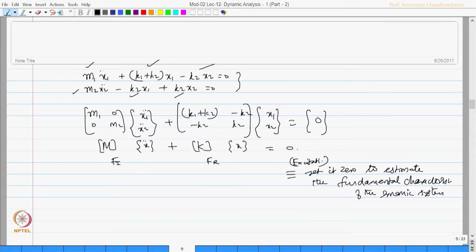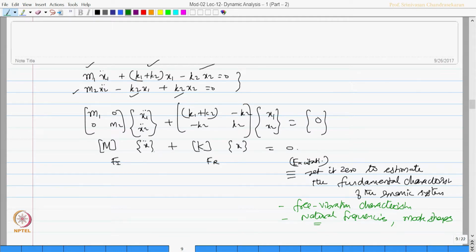That is why they are otherwise called free vibration characteristics. They are also called natural frequencies, because under no excitation force these frequencies are demonstrated by the system. That is why they call them natural frequencies and mode shapes.